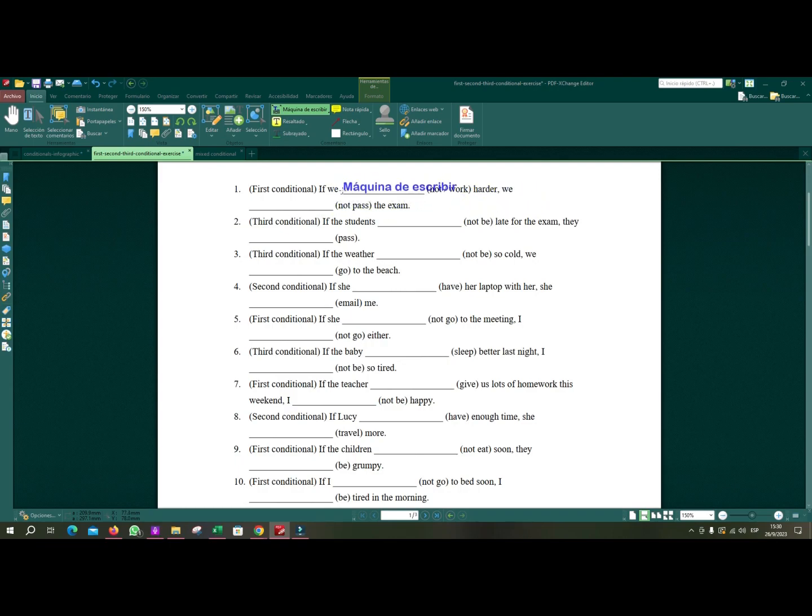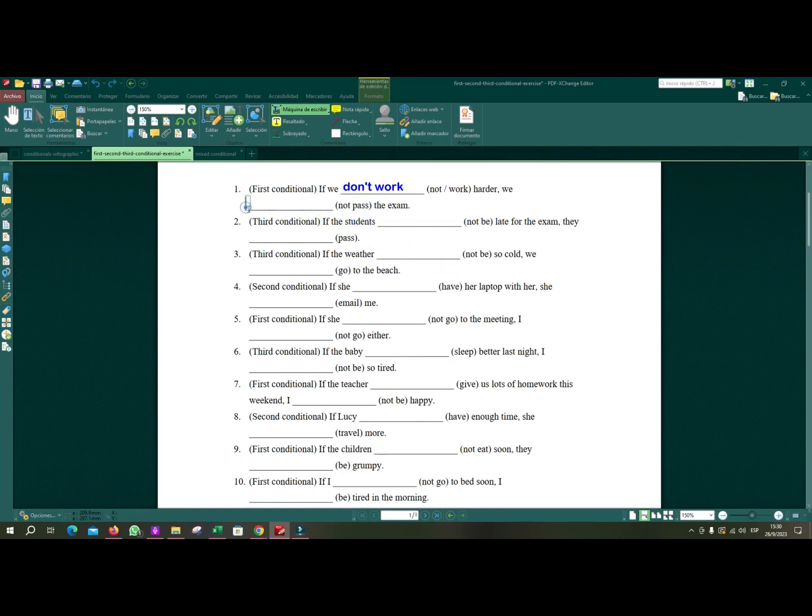So if we, remember, in the first conditional, you're going to have simple present. If we don't, in this case, don't work harder, right?